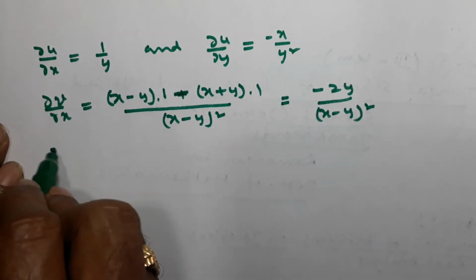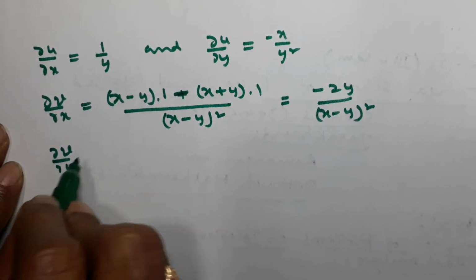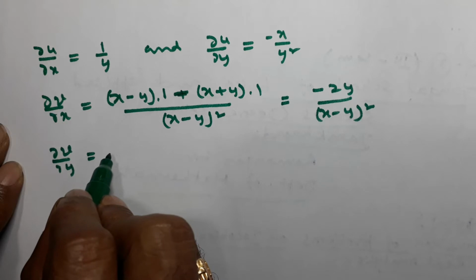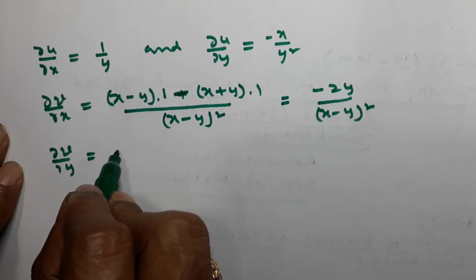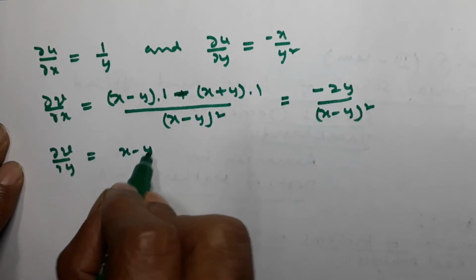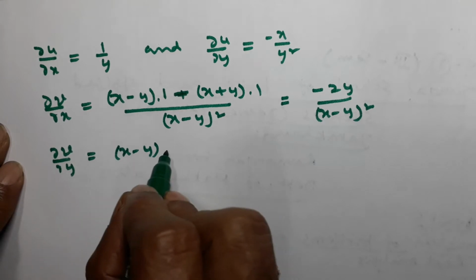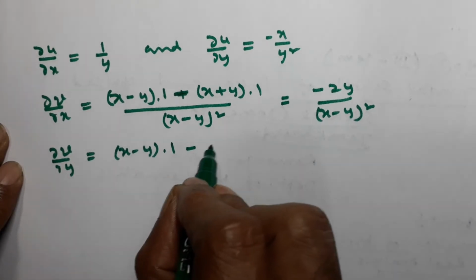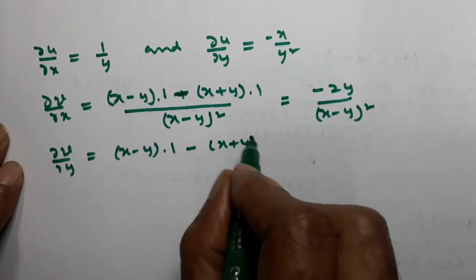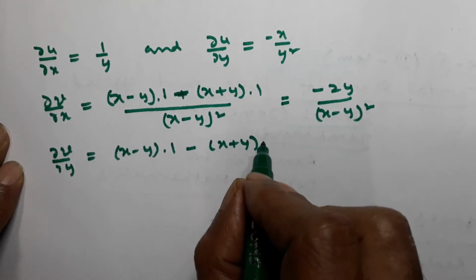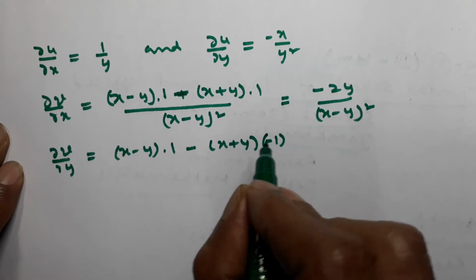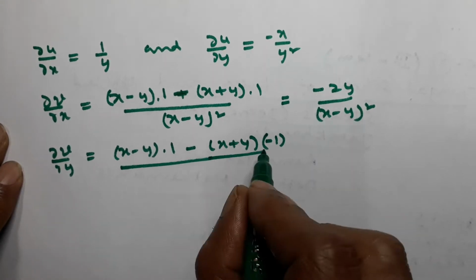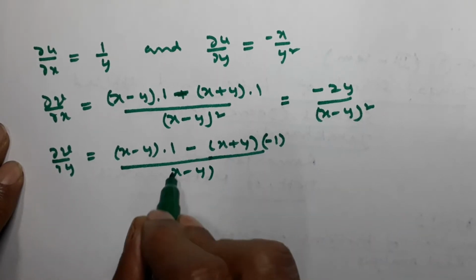Next, dou v by dou y, the same process with respect to y. So (x minus y) into the derivative of (x plus y) with respect to y, which is 1, minus (x plus y) into the derivative of (x minus y) with respect to y, which is minus 1, divided by (x minus y) whole square.